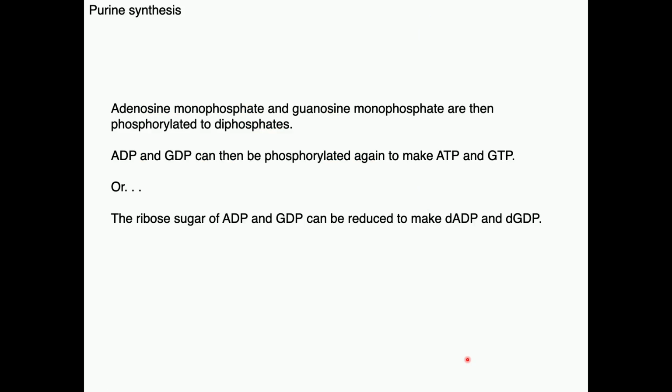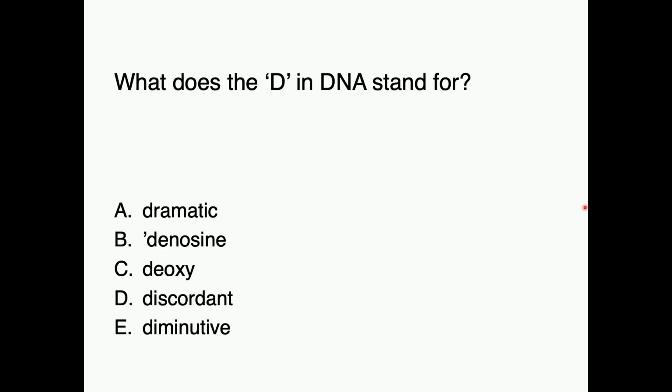What happens after that is going to depend on the fate of that molecule. If that adenosine or guanosine nucleotide is going into RNA, then it will be phosphorylated again to make ATP or GTP. But if it's going to be DNA, then it's got to be modified.